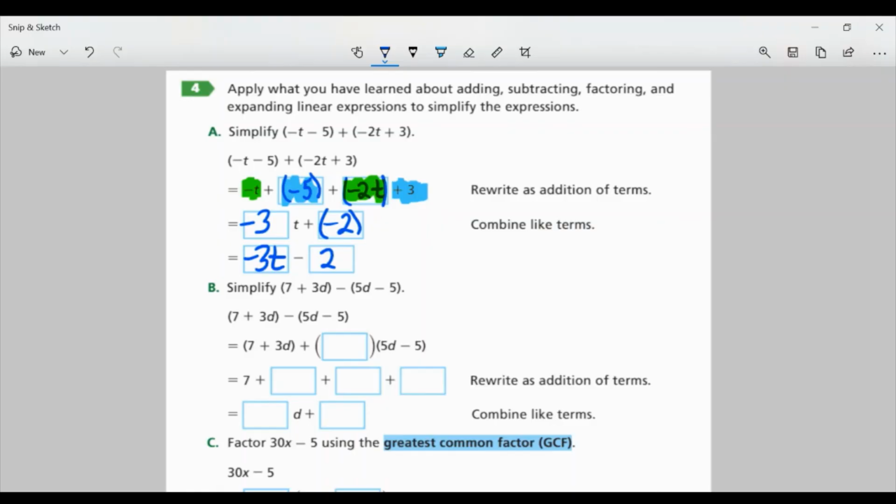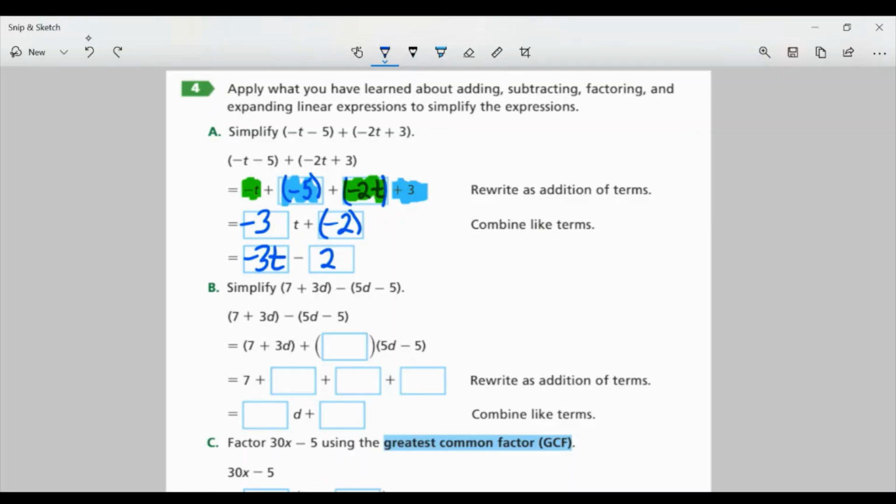Part B, we want to simplify this expression. Now, what you need to notice is right here how we have the minus right in front of this parenthesis. That is the same as saying negative 1 times 5d minus 5.